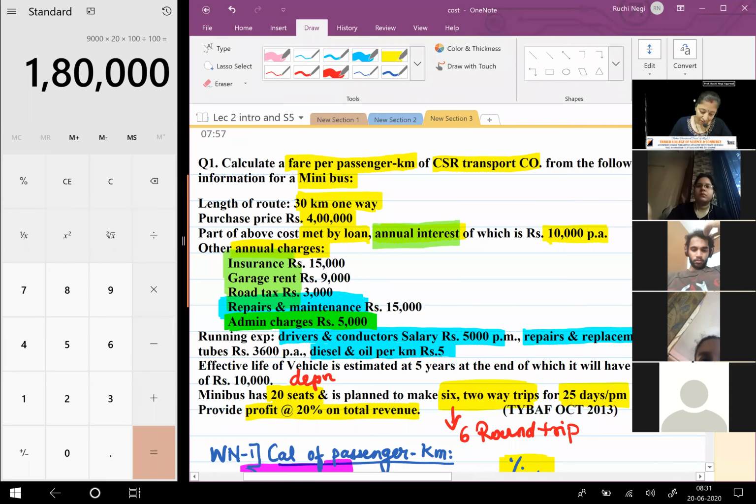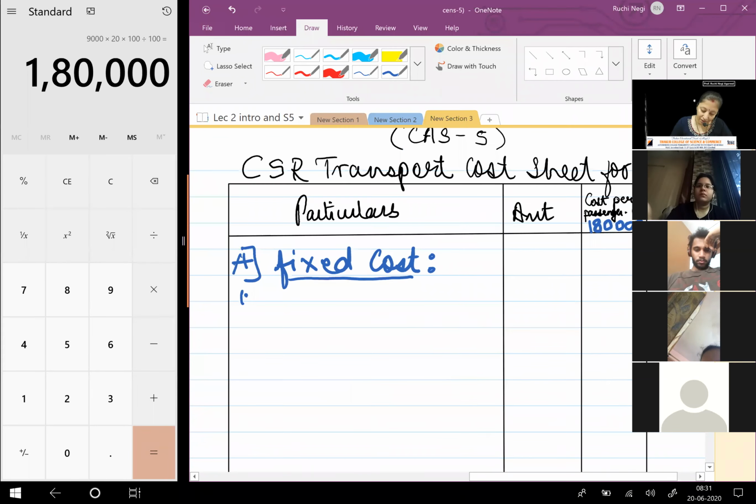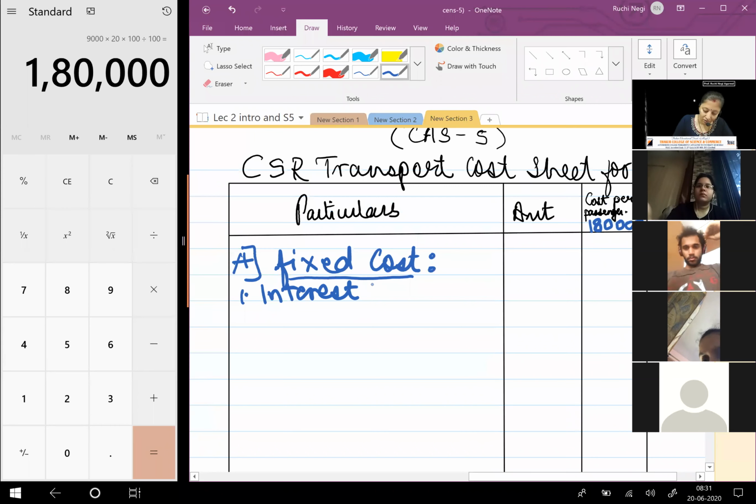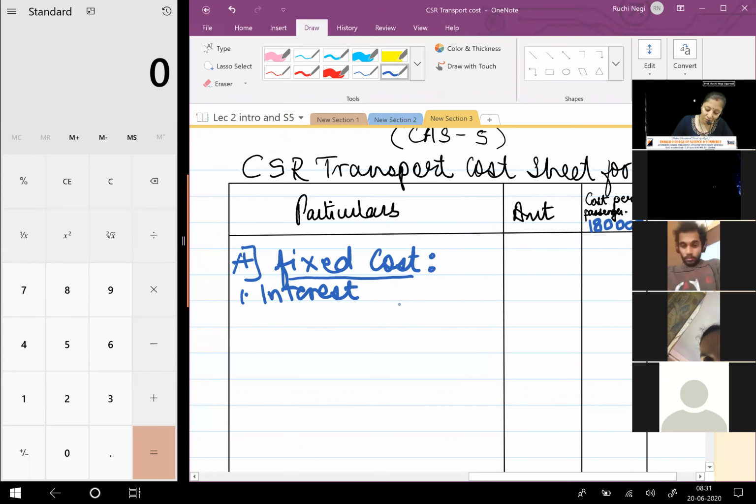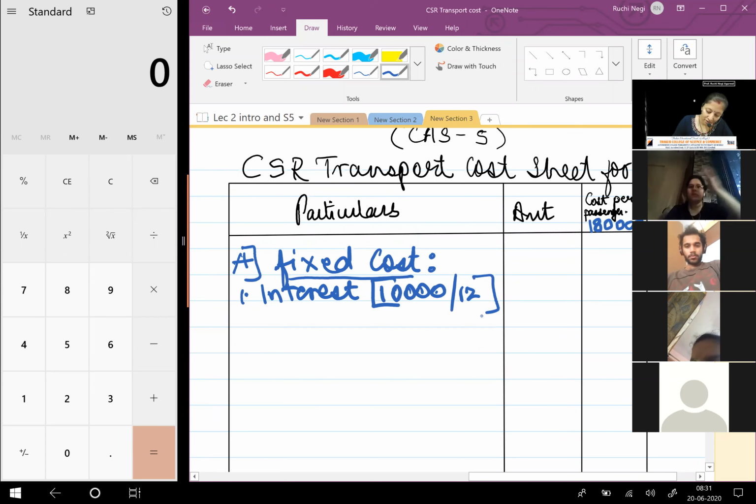So I have interest with me, 10,000 per annum. So interest, 10,000 divided by 12 months, because it's a yearly cost sheet.